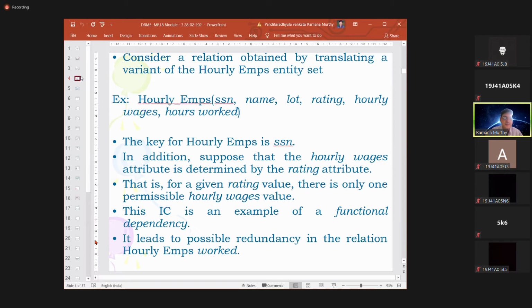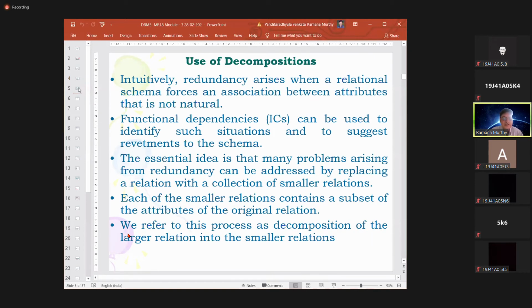But we need not say every day what the hourly wages are, because when you know the rating, we also know the hourly wages, because hourly wages depends on rating. So hourly wages with reference to the particular name is unnatural. Functional dependencies can be used to identify such situations, and they suggest the refinement.